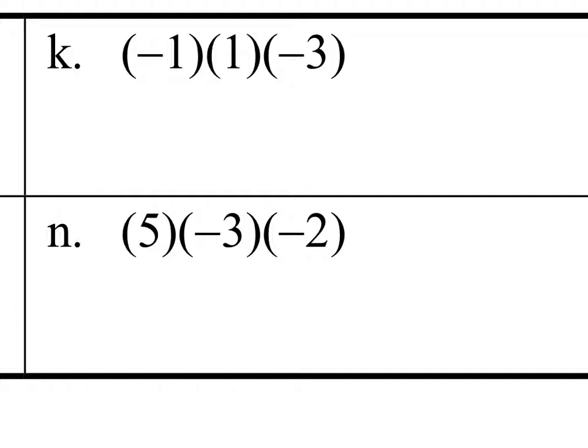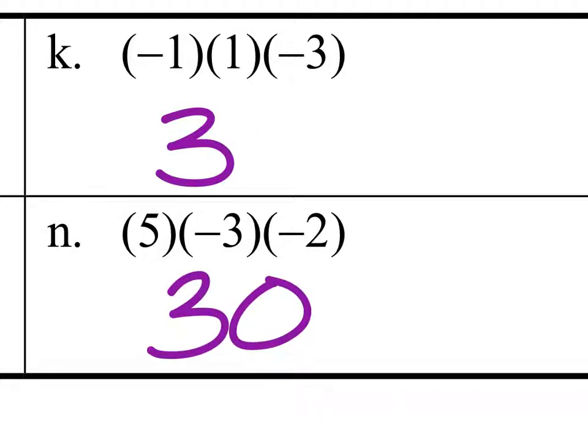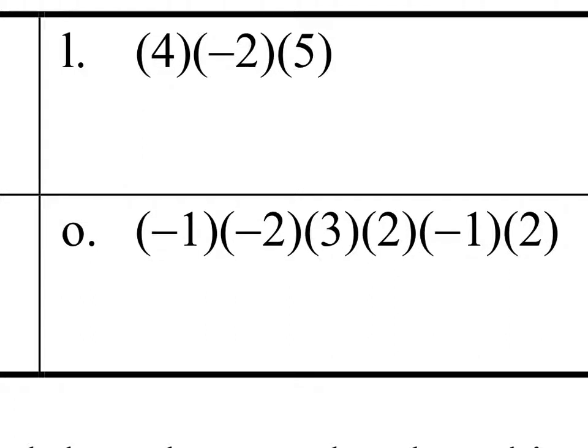Alright, who will tell us the answer for K? Correct. And who will tell us the answer for N? Positive 30. Positive 30, very good. Alright, take a moment and try these two then.